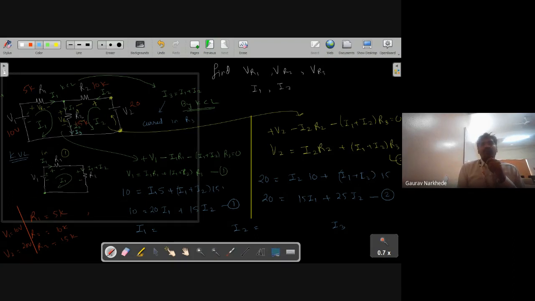Okay, so how to solve these equations? Can anyone tell me? Solve and tell me the values of I1 and I2.